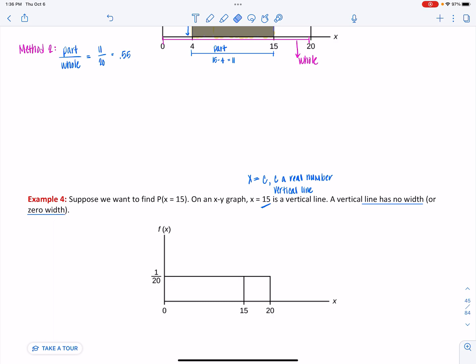This whole time, we have been finding the area of the rectangle, but we've had a start and a stop value, and we have found the area of the shaded rectangle. Now, we don't have a start or a stop. We just have a value.